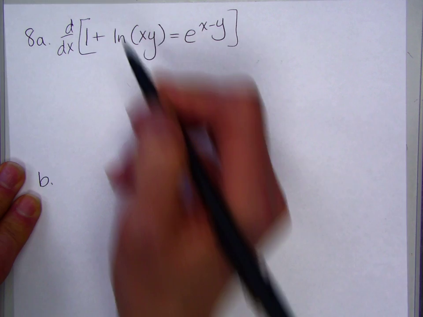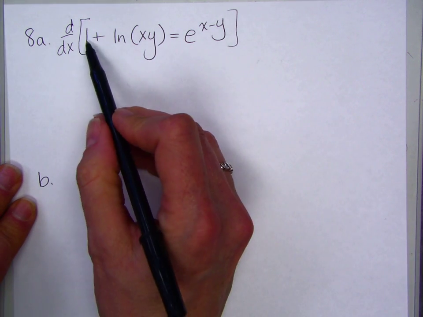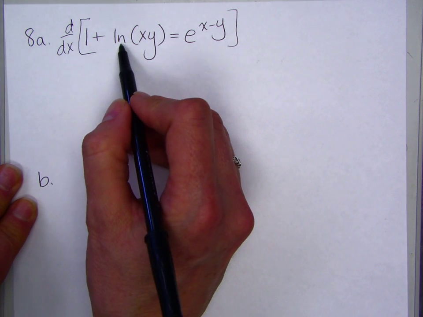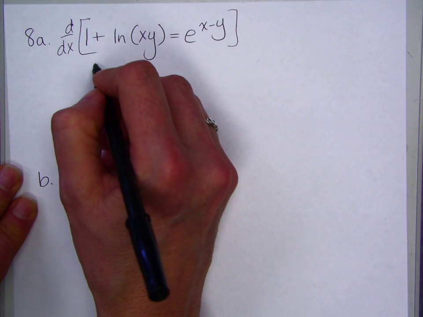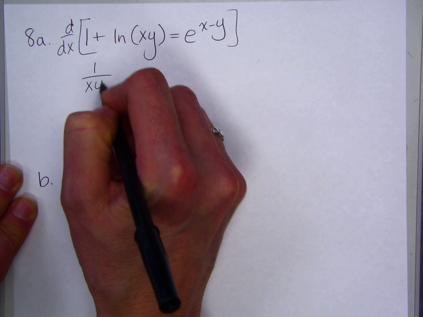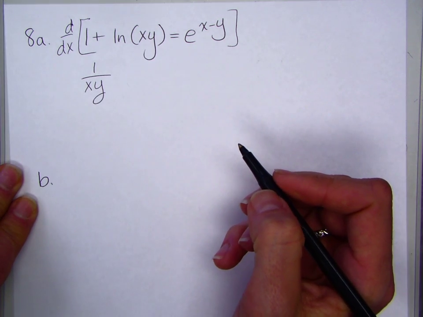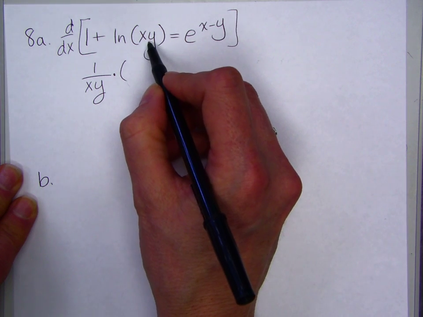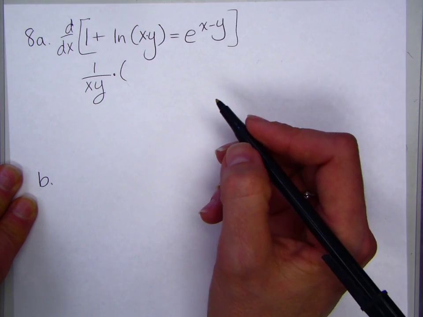with respect to x. What happens when you differentiate a constant? 0. All right. The derivative of the natural log of something, though, is 1 over that something. But then we have to multiply by the derivative of the inside. Okay. Kind of complicated because it's a product.